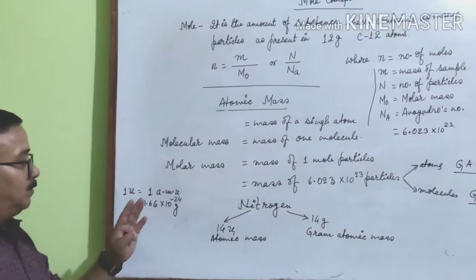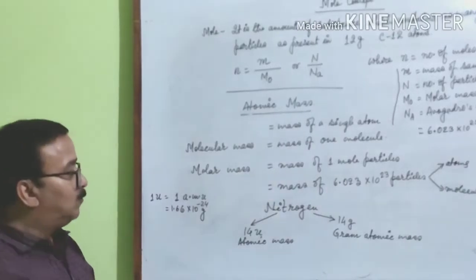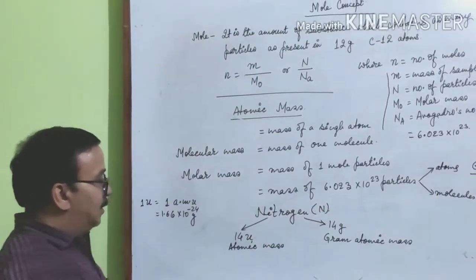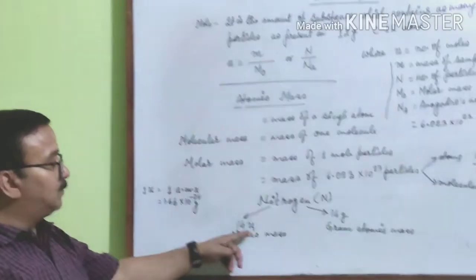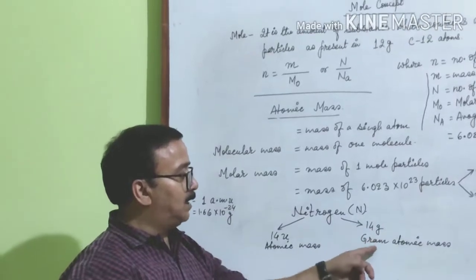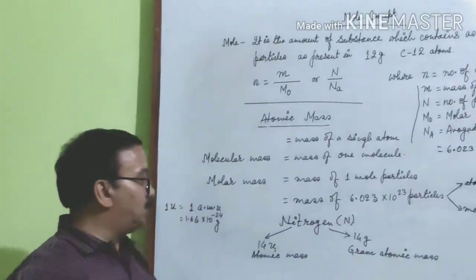Now let us take an example, nitrogen. Its atomic mass is 14 U and 14 gram is the gram atomic mass of nitrogen.